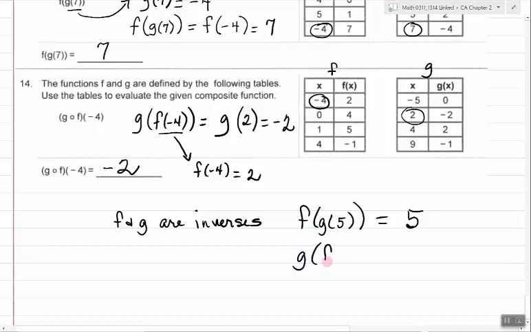G of f of 7, if they're inverses, is equal to 7, because if you do the composition for inverses, they unwrap each other and you end up with what you started with. Okay, I hope that helps with the study of inverses.